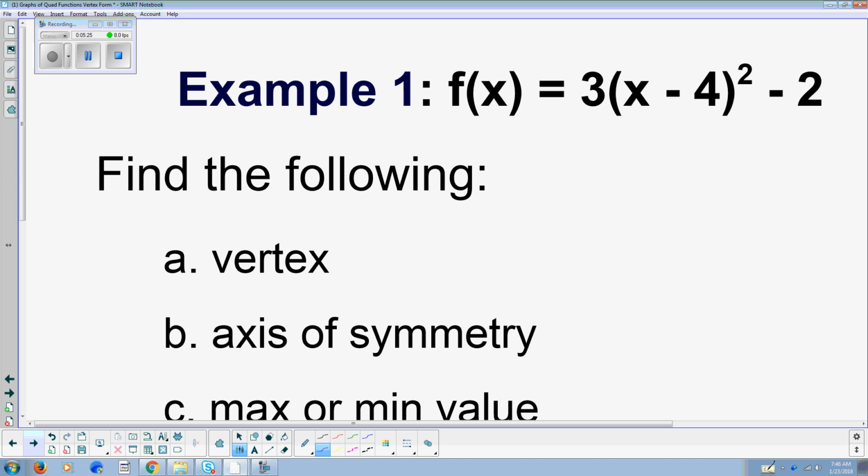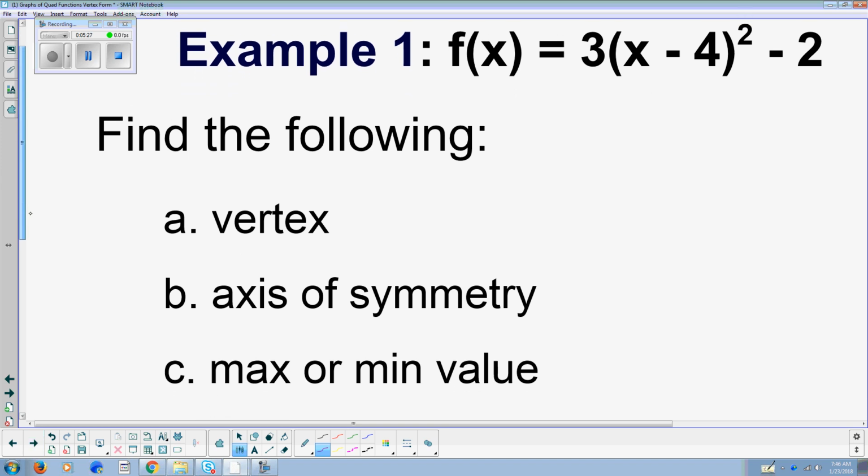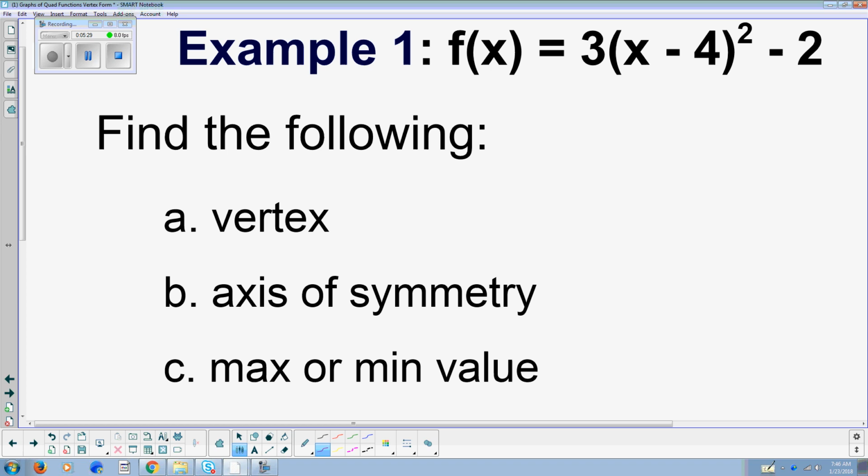Okay, so in our first example, we are asked to find the following. Find the vertex given this function. So these are all some key characteristics of the function of a quadratic function, and we're going to answer these questions for each part. So part A, find the vertex.